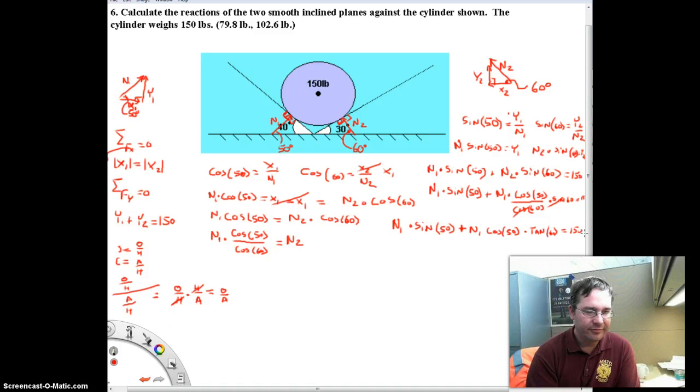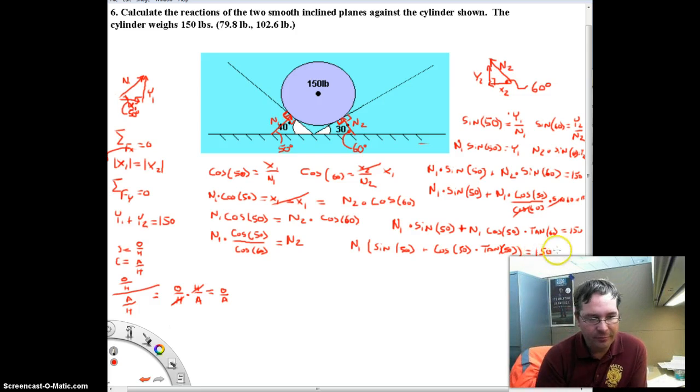Now it's just a matter of algebraic manipulation. I'm just going to pull the n1s out. So n1 times sine of 50 plus cosine of 50 tangent of 60 equals 150.